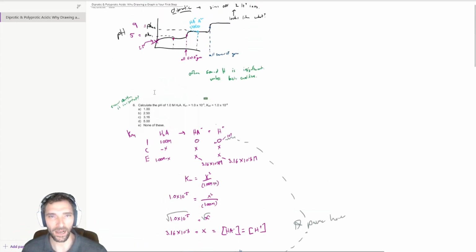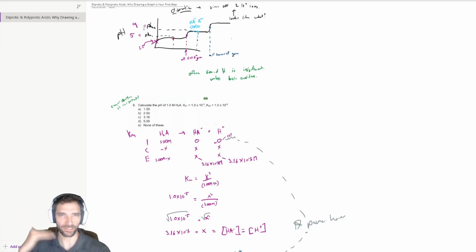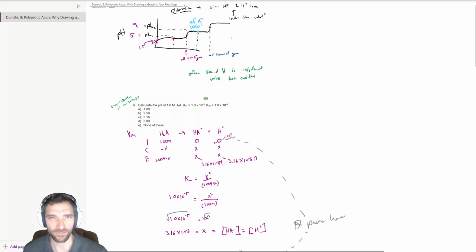And under almost all conditions, this second donation is not going to be significant. Only when you've added a lot of base will the pH be relevant, where this second donation can come into play. In other words, the pKa is so high up there that you need to get something pretty basic to get the pH close to that, so that there can be any A2 minus present.